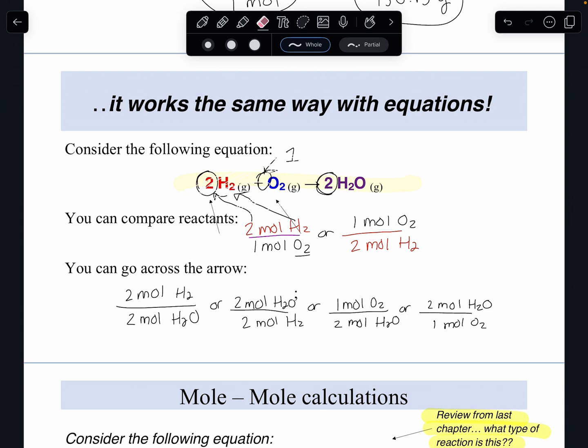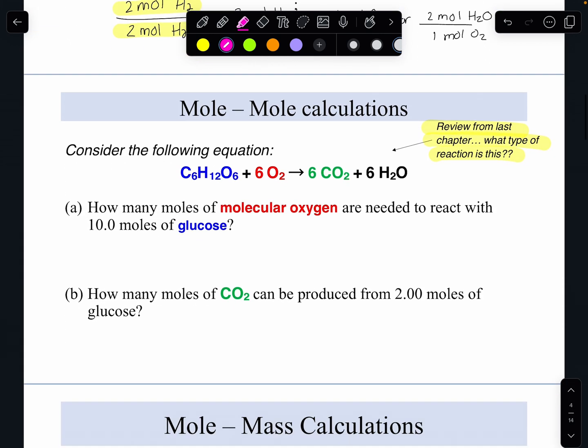Now those are just examples of using it when it is a reactant. But we can also create these relationships for products, across the arrow. So we can write relationships between 2 moles of H2 because of the 2 here, and we can also talk about H2O. We just have to utilize these coefficients. And I gave you some examples of these conversions below.